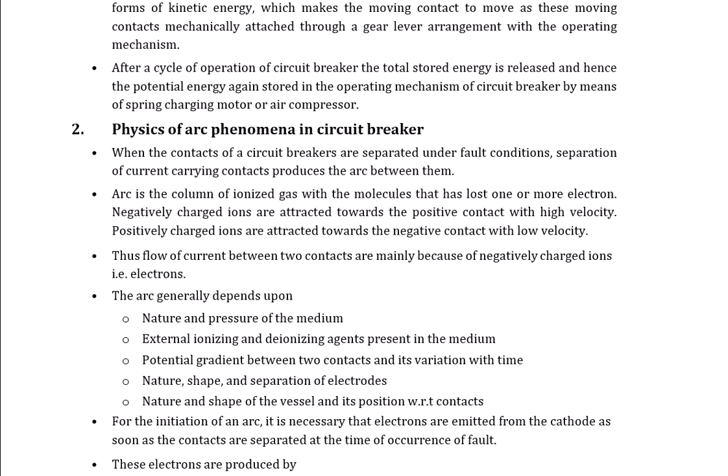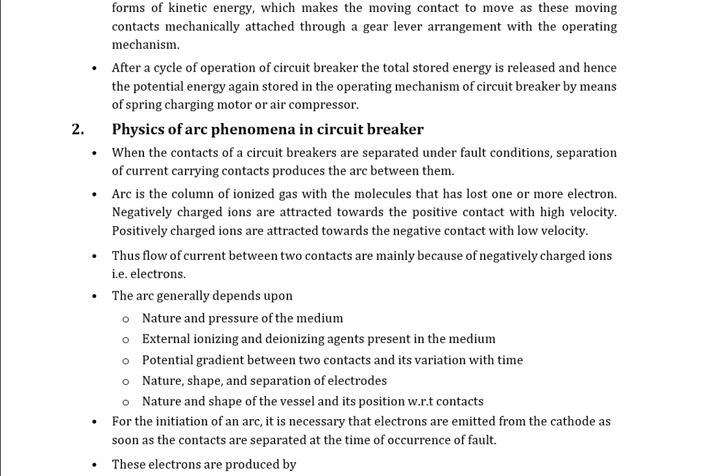The arc generally depends upon the following parameters. The first parameter is the nature and pressure of the medium. Okay, so the arc depends on the nature and pressure of the medium. The second parameter is the external ionizing and de-ionizing agents present in the medium.